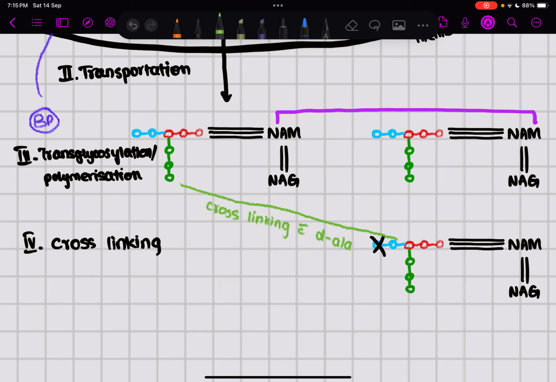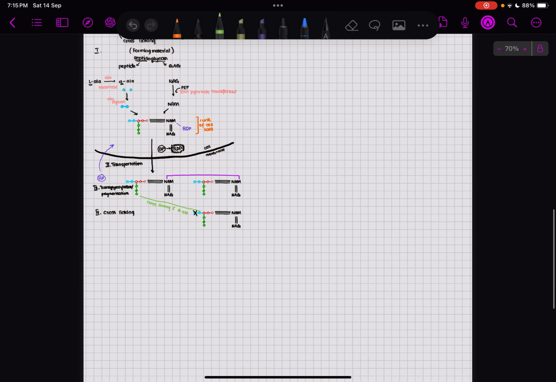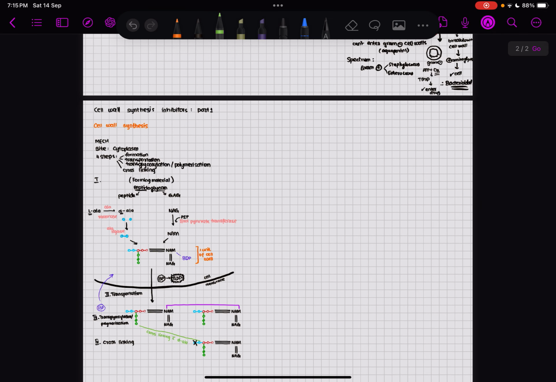Cross linking with d-alanine, which is present in the fourth place, and this is done cross linking. Now this is the whole process of cell wall synthesis. Now we will see where all we get inhibition.